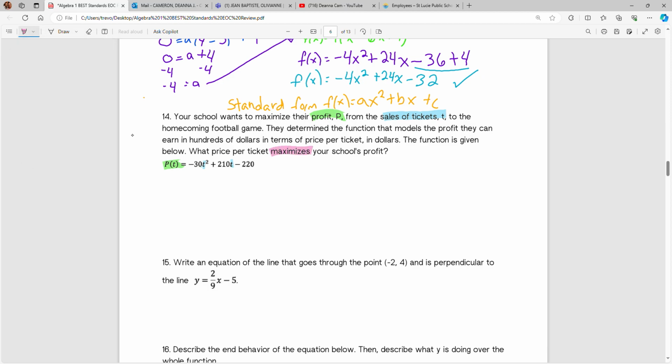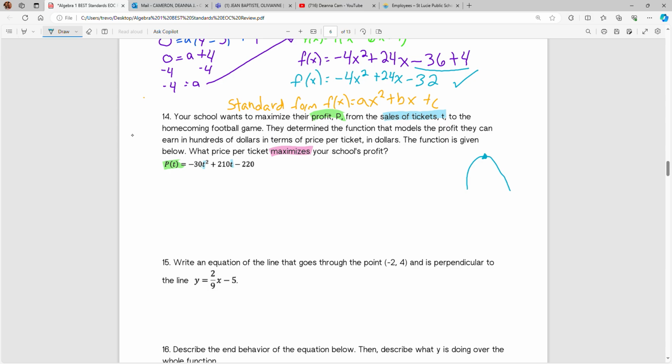So right away, when I read this question and look at the function here, we can see that's a quadratic function in standard form, just like number 13, we had to write it like that. And the keyword maximizes, that's telling me that this quadratic function is going to be like an n with a maximum at the top.